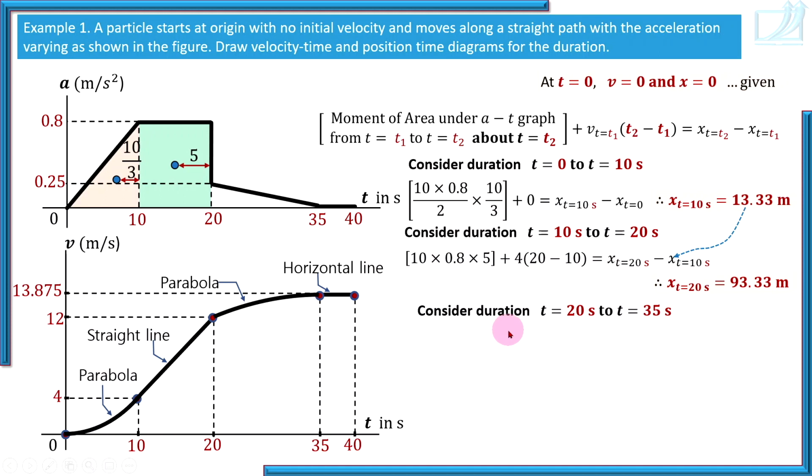Now consider duration from t equal to 20 seconds to t equal to 35 seconds. Now in this duration, 20 to 35 seconds, this is that triangular area. So moment of this triangular area, its distance of its centroid from t equal to 35 seconds. That's important. We know position of centroid of a right angle triangle, h by 3, b by 3.